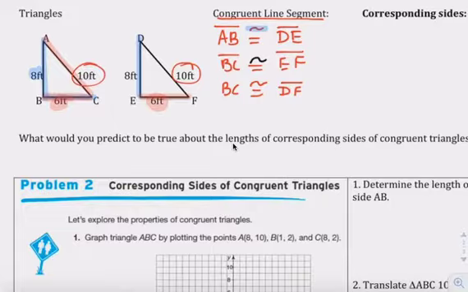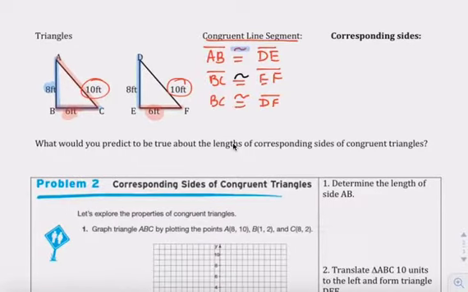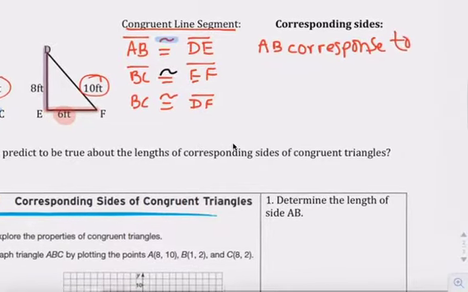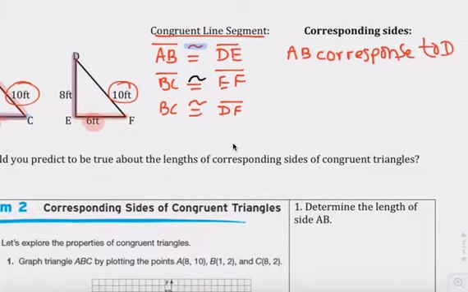Corresponding sides. Very important you understand corresponding sides. Because these are the same length, AB corresponds to DE. So you would say AB corresponds to DE.